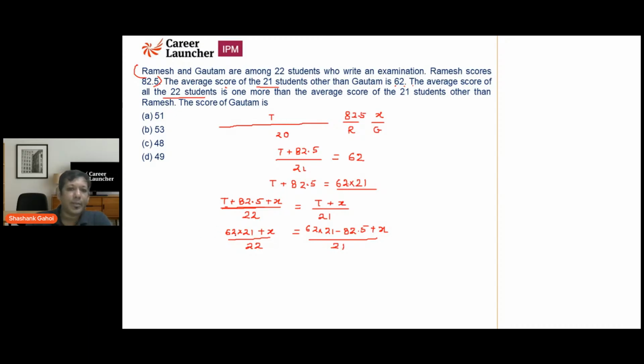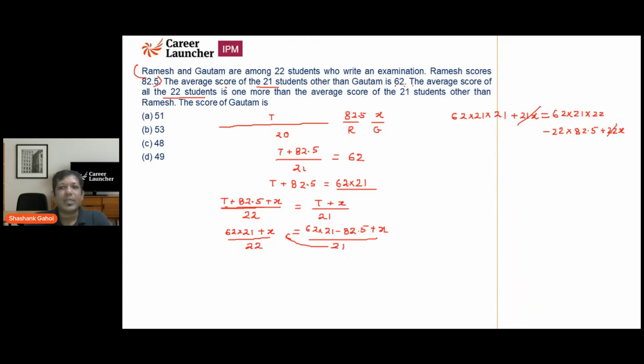I'm just cross multiplying. What I'm going to get is 62 into 21 into 21 plus 21X, multiplying this to this side, and that is equal to 62 into 21 into 22 minus 22 times 82.5 plus 22X.